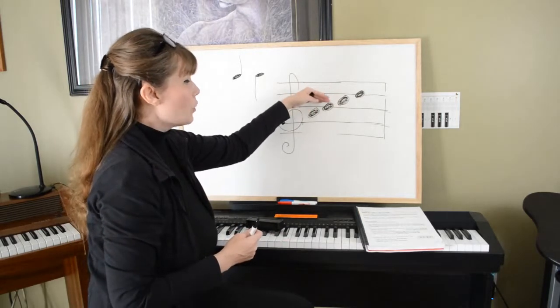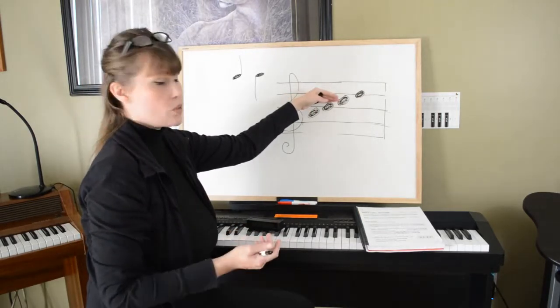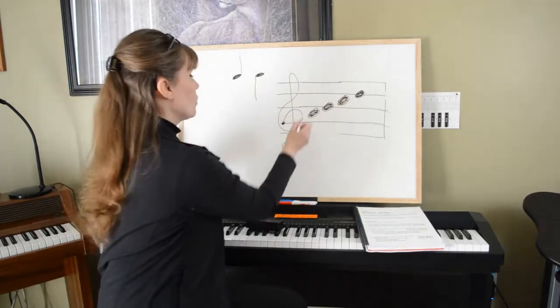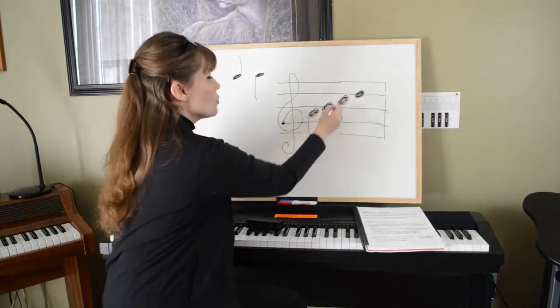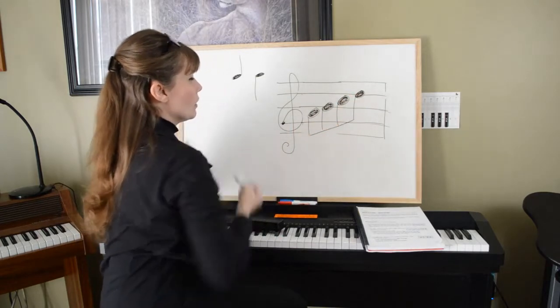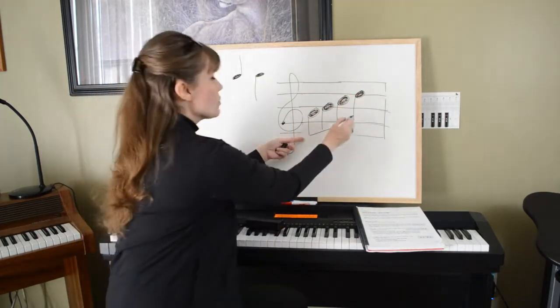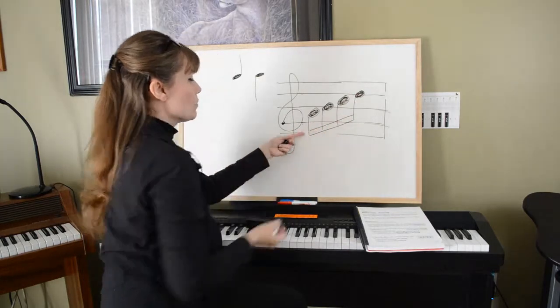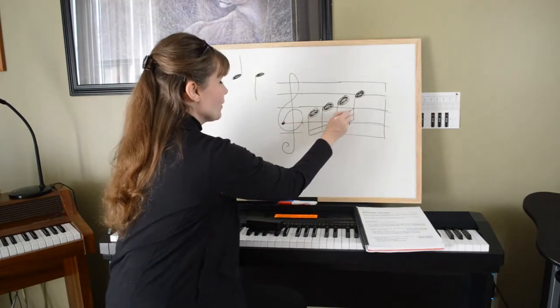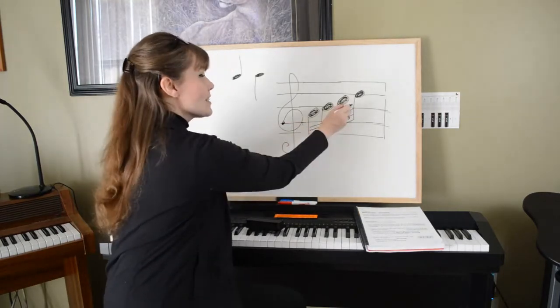So for notes above the middle line, the stems go down. So we're also going to make that note that's below the middle line go down because we are joining them all together with the bar. Whether they're 8th notes, they could have 2 bars for a 16th note, and there is a 32nd note and a 64th.